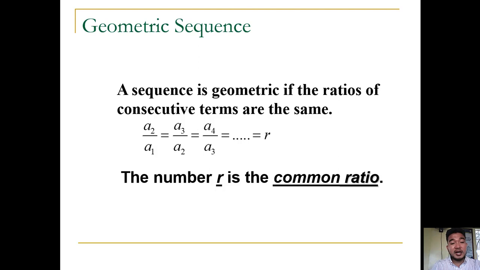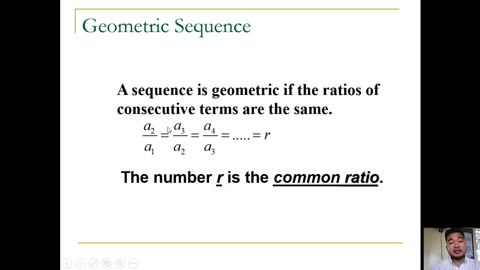Meaning, if you divide a sub 2, that is the second term, by the first term, you will get r. And if you divide the third term by the second term, you will also get a value of r. And if you divide the fourth term by the third term, then you will also get the value of r.